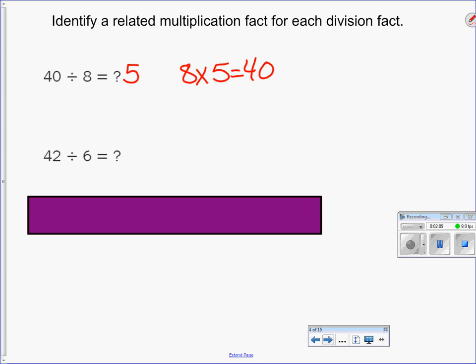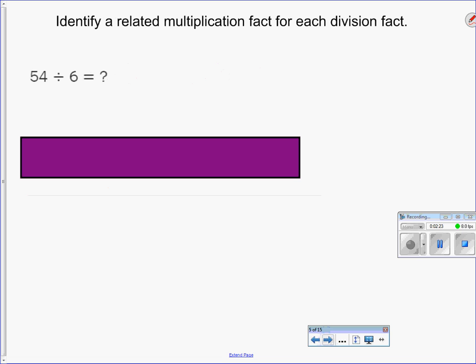Our next one is 42 divided by 6 is equal to what? Well, 6 times 7 equals 42. So my question mark must equal 7. Next, 54 divided by 6. Once again, think about your fact powers.